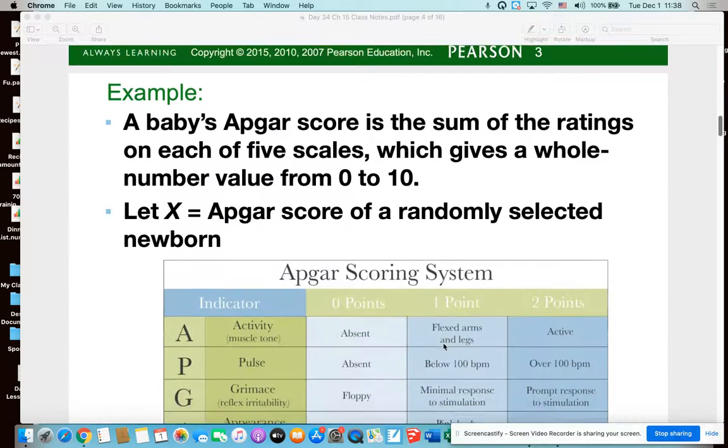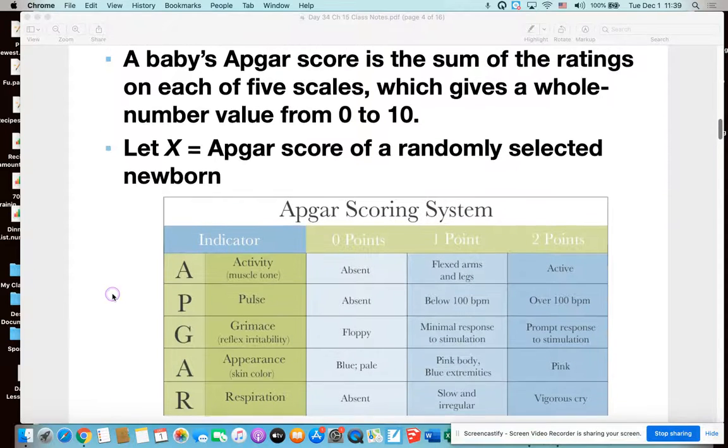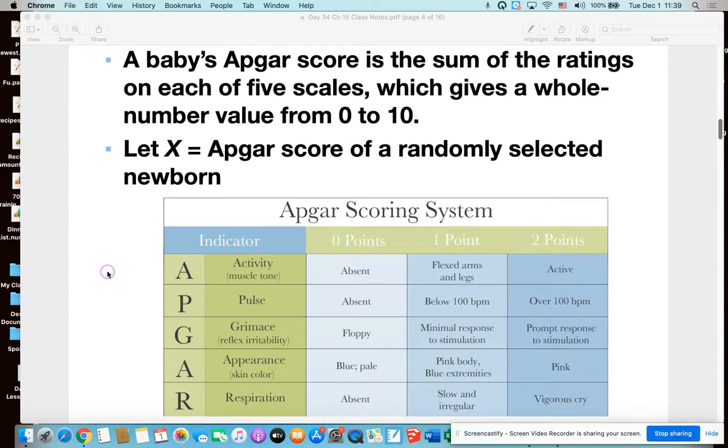Okay, so let's look at an example. This is an APGAR score. When babies are newly born, they test them through these things to see if they're doing well as a newborn baby. So how's their activity, their muscle tone, their pulse, their appearance, their skin color, respiration, and do they have good reflexes, and do they react normally, right?